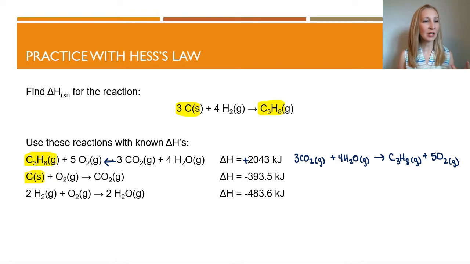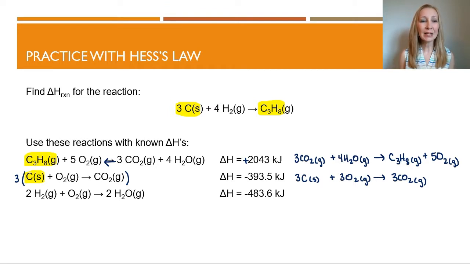The next thing I'm going to do is look at the carbons. I have a carbon reacting with an oxygen to give me a carbon dioxide. But in my unknown equation, the top one, the middle one there, I have 3 carbons. So I'm going to multiply this whole known enthalpy equation by 3. If I rewrite that, I get 3 carbons plus 3 O2s gives me 3 carbon dioxides. And if I triple this whole equation, I also need to triple the enthalpy that goes with it.